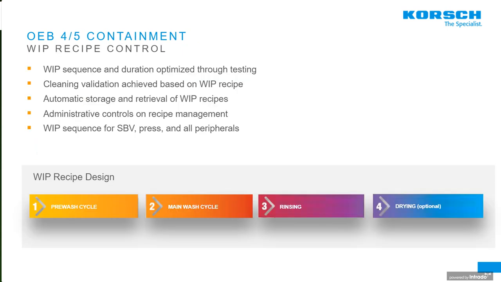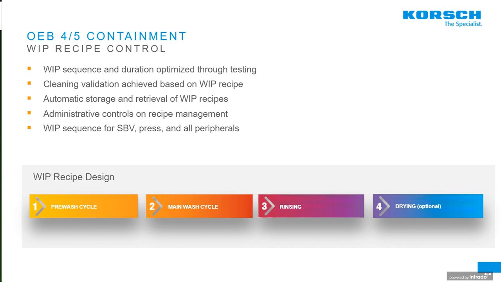A whip recipe is generally configured in the HMI. That sets the sequence and duration. It is determined empirically. The cleaning validation, or the process to ensure that the machine is safe to open once the whip process is complete, is tested and verified, and that recipe can then be implemented in a repeatable way.